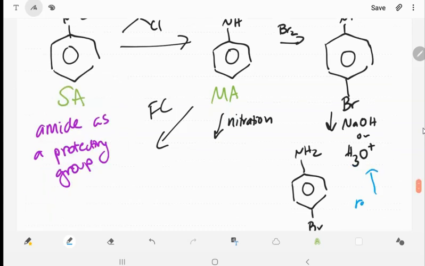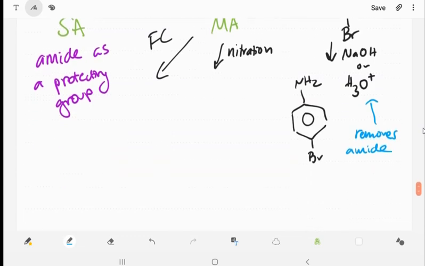So we'll remove it. The amide. This only works, by the way, for aromatic ones. So you can't remove an acyl group with base or acid if it's not aromatic. So if aromatic, I'll write that here.